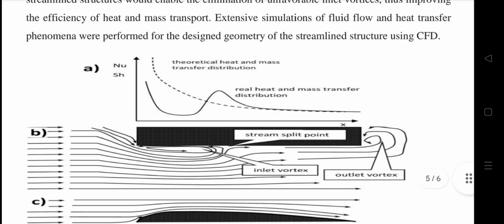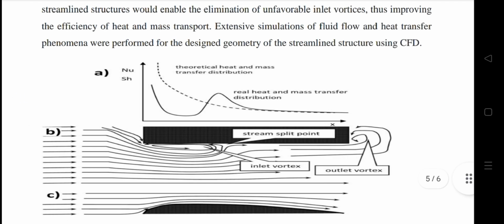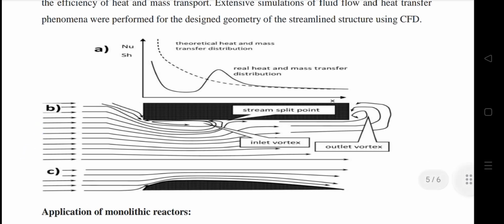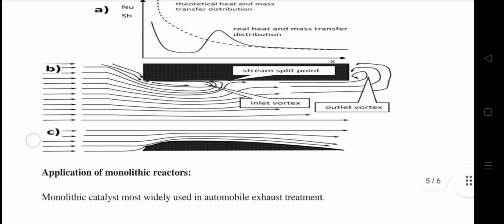This shows how the theoretical heat and mass transfer distribution occurs, but the real distribution is different, and it is more efficient and less disturbing because we are using the laminar flow mechanism.